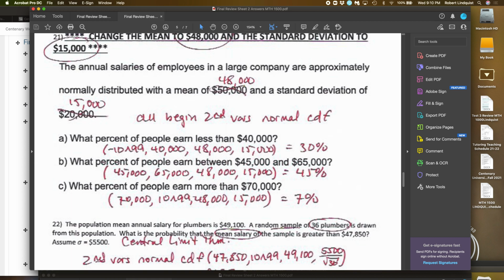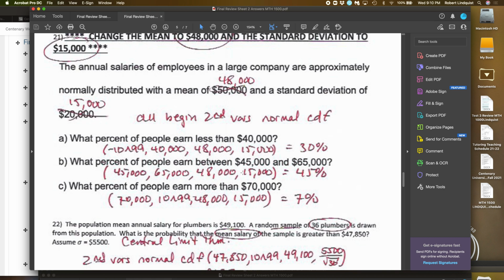And in the third case, it's greater than or more than. So for the first one, less than. That means start with the smallest number you can, and in this calculator, we put in negative 10 to the 99th, as recommended by the text. The maximum value you can get is 40,000 because you want to be that or less. 48,000 is the mean, and 15,000 is the standard deviation. Comes out to be 30%.